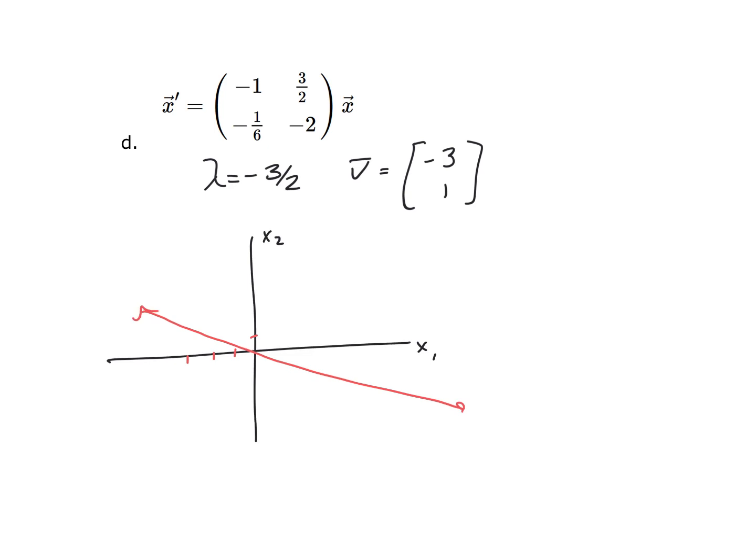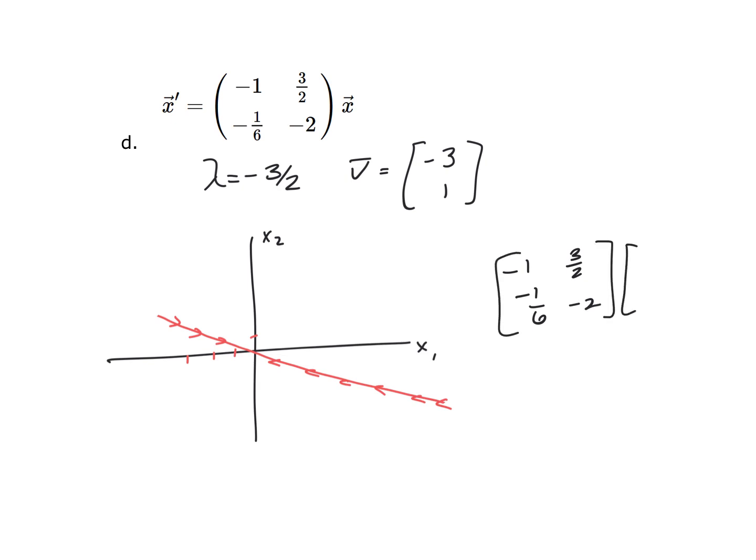Now I keep wanting to do my arrows, and I shouldn't do my arrows because it can be confusing. So now I'm going to do my arrows in the direction it should be. This is negative, so we're moving toward the origin. I'm trying to figure out which way this is going to go. So what I'm going to do is I'm going to put -1, -1/6. That's what I was talking about in my previous example, is putting in a number to see where it's going.